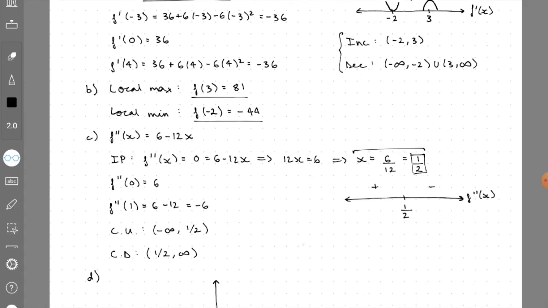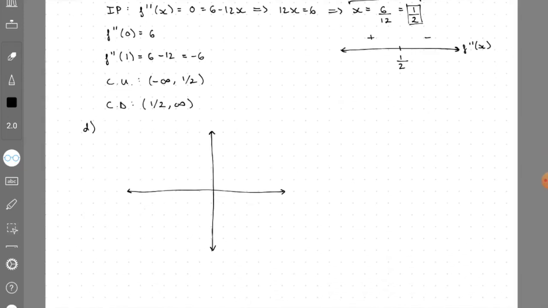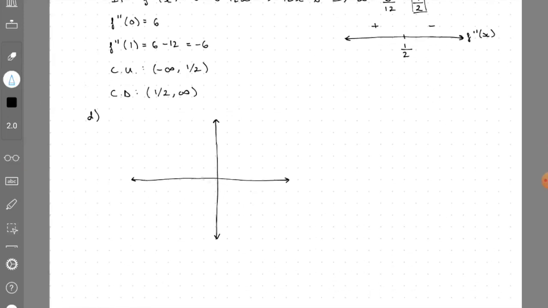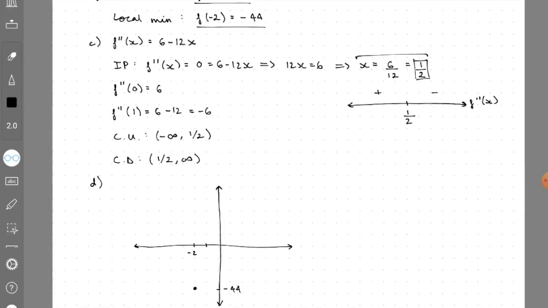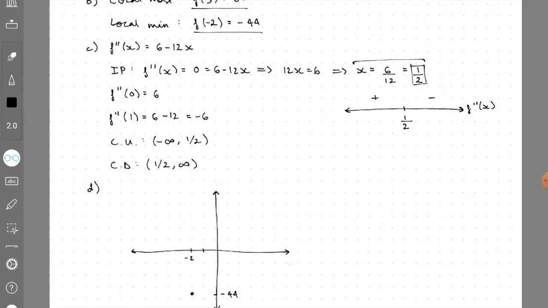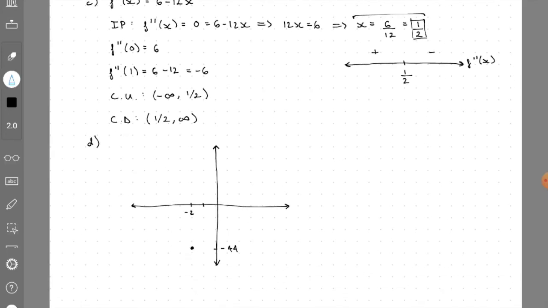So let's plot those points. It's going to be negative 2, negative 44. Let's pretend this is negative 44. And then we also have that f of 3 equals 81. So let's pretend this is 81.